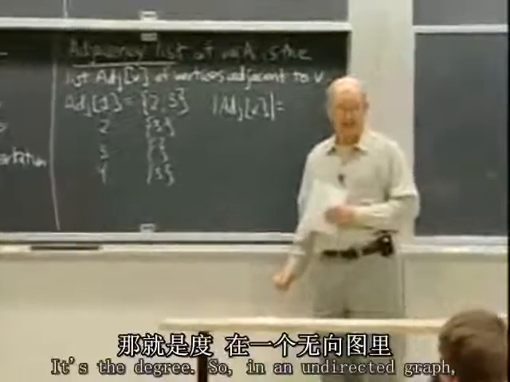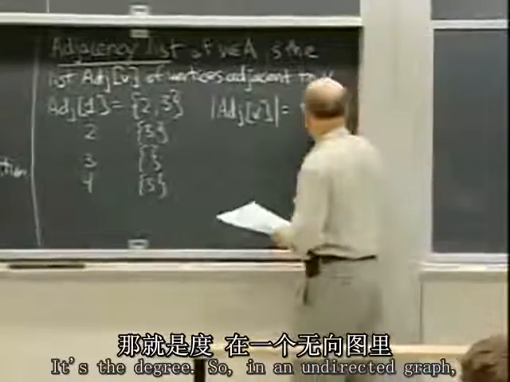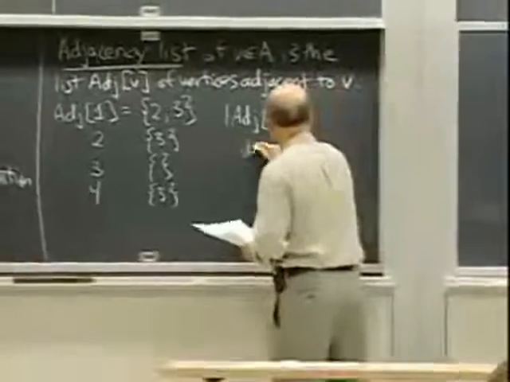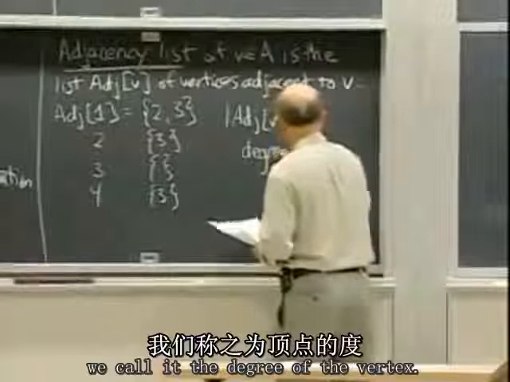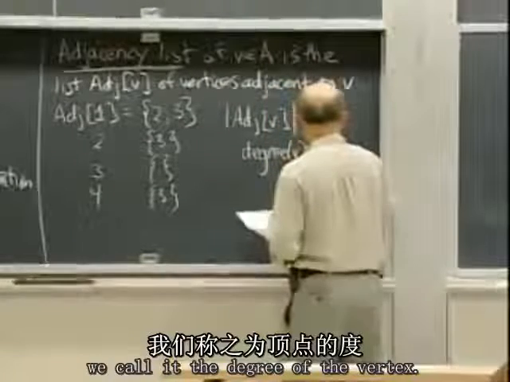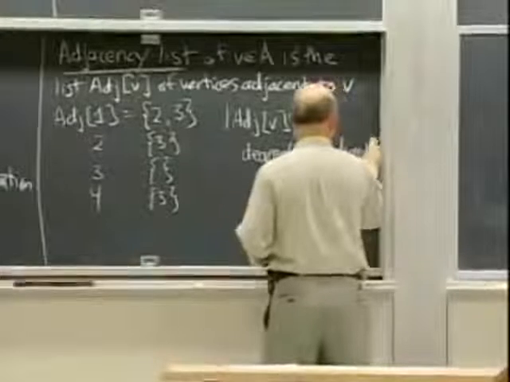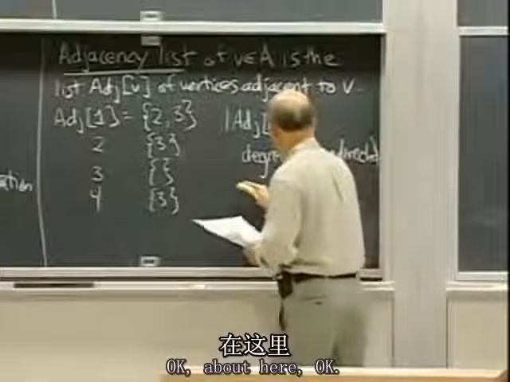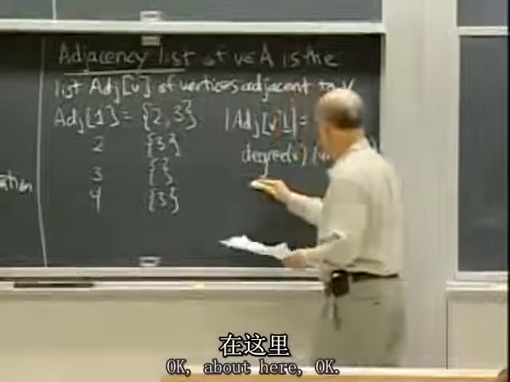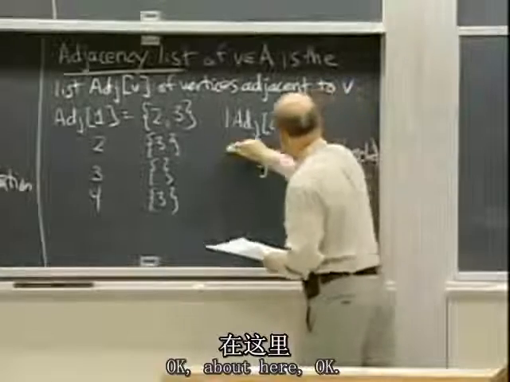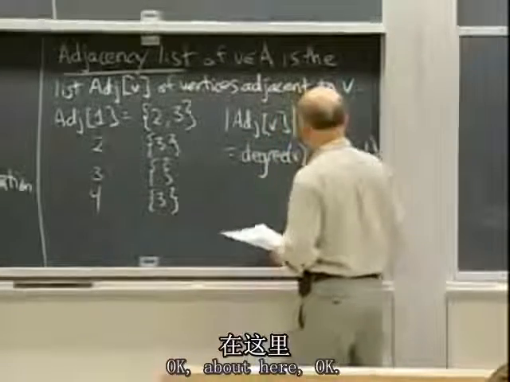It's the degree. In an undirected graph, we call it the degree of the vertex. This is undirected. Put that here. So that's in the undirected case.